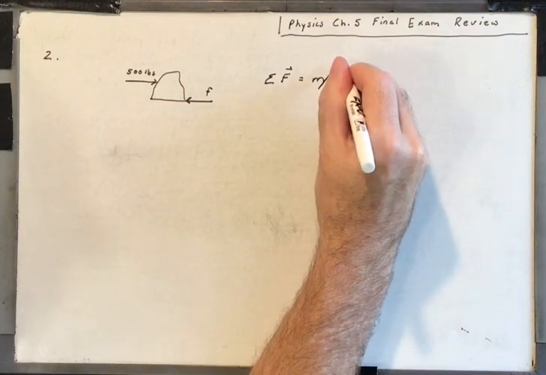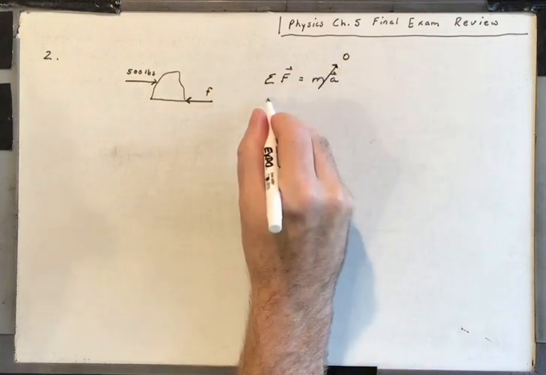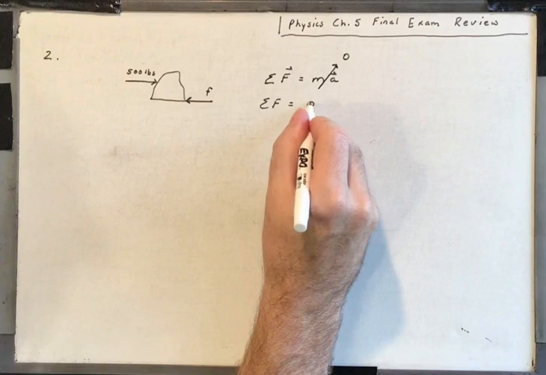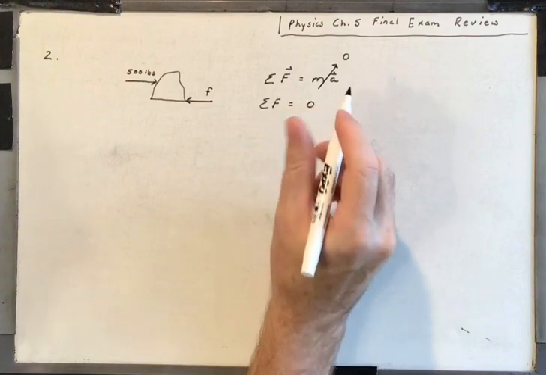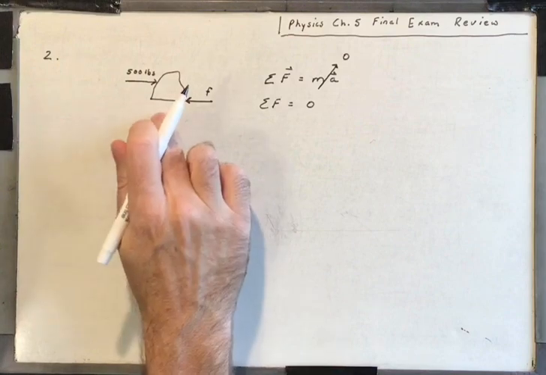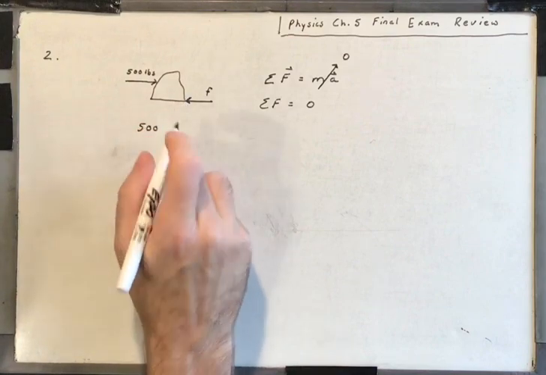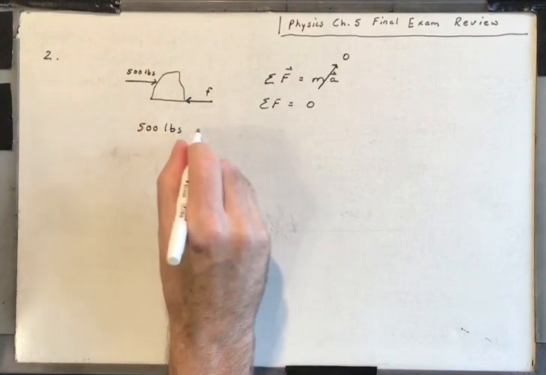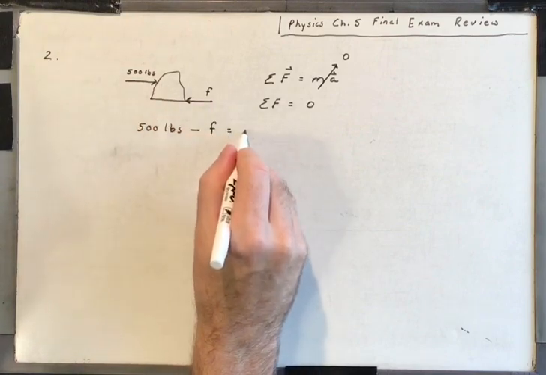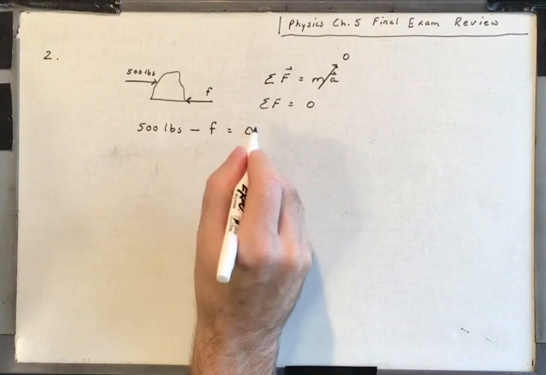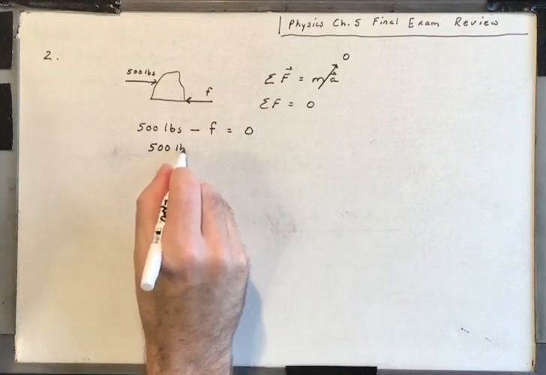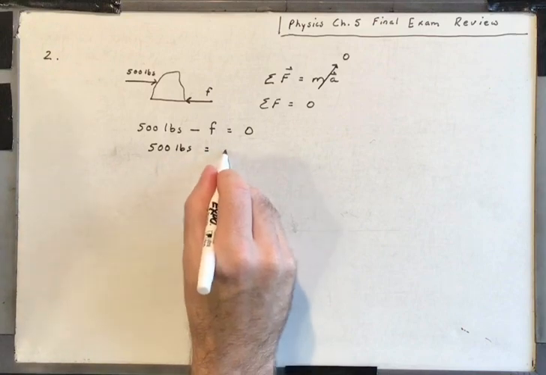Okay, just to get it broken loose. So the summation of all the forces is going to be equal to 0. That means that 500 pounds to the right minus friction to the left is equal to 0. So 500 pounds has to be equal to the friction.